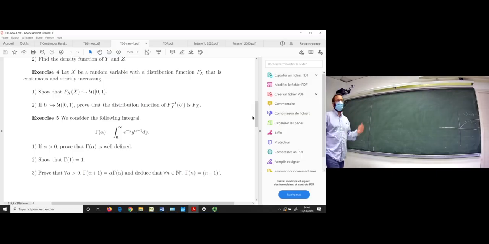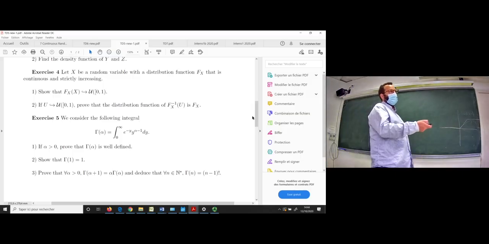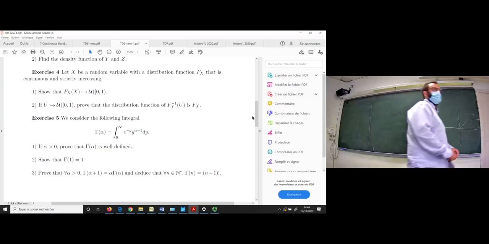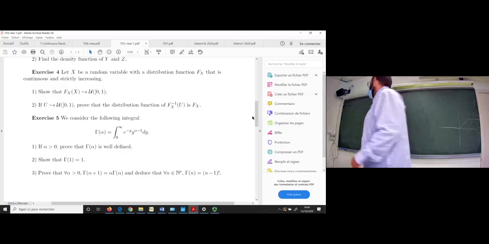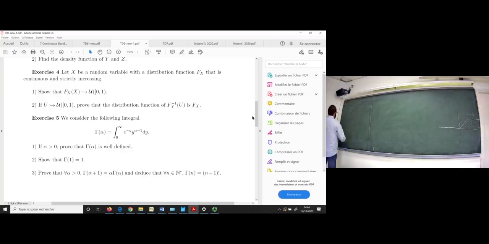Yeah. In fact, that's why I write this in the statement here. It is bijective, in fact. Okay? So when you have a mapping f that is continuous plus, here I write strictly increasing, but strictly monotonic will work, okay? Strictly monotonic.